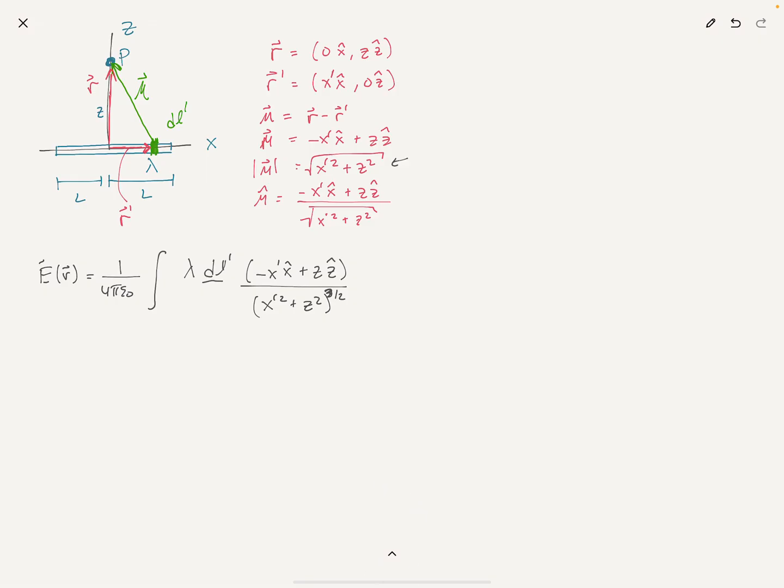I'll change it manually by erasing. That's dx prime. Okay, so now I need to put limits on my integral, dx prime. What does x prime begin at and end at? Well, it's going to start from the left and end on the right, right? Minus L to L.